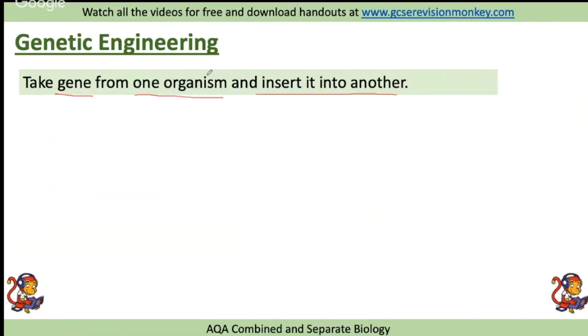So there are stories of people taking a fluorescent protein out of jellyfish, for example, and inserting it into cats to make glow-in-the-dark cats. You can literally take any gene from one animal or plant and insert it into the genome of another one. Now, you need to do that at a very early stage, like when it's an embryo. You can't just stick it into an adult animal and expect it to change.